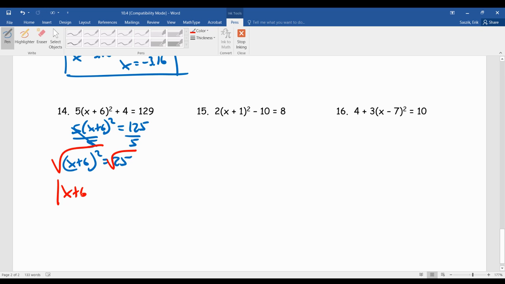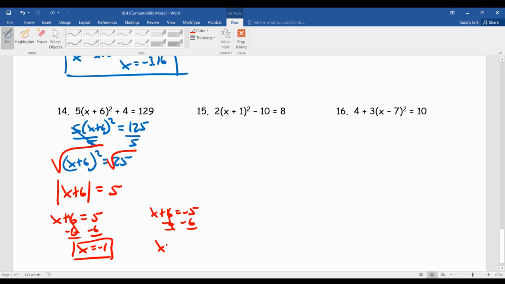So we get absolute value of x plus 6 equals 5. So x plus 6 equals 5. X plus 6 equals -5. And then subtract 6. X equals -1. Subtract 6. X equals -11. Voila.